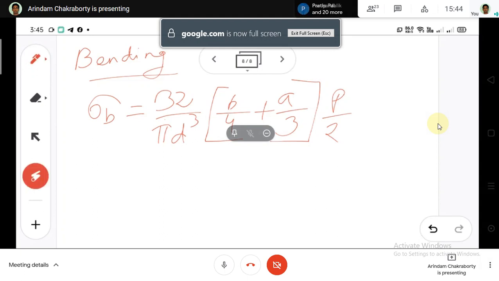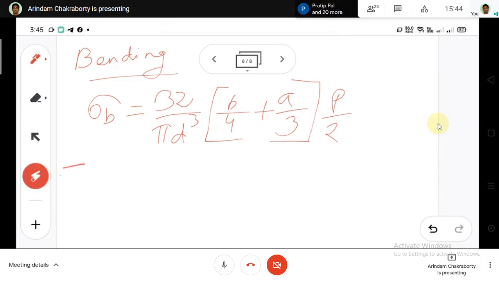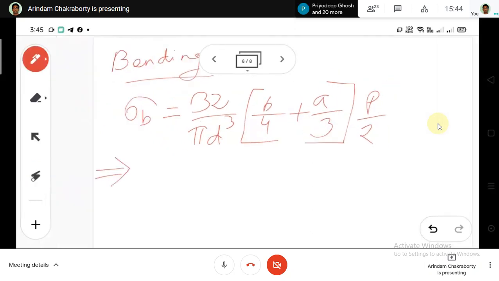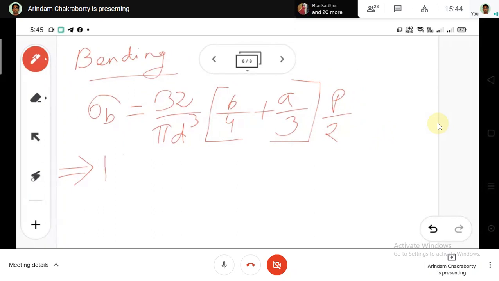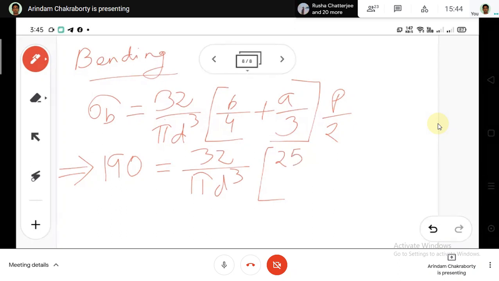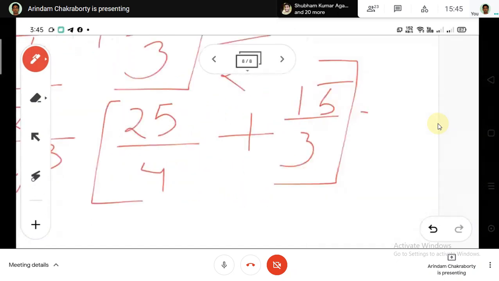So let us go for the practical thing. 190 is equal to 32 by pi D cubed, and we know B is 25, if I am not wrong, so 25 by 4 plus A, which is 15, by 3, and the load applied is 50 into 10 to the power 3.